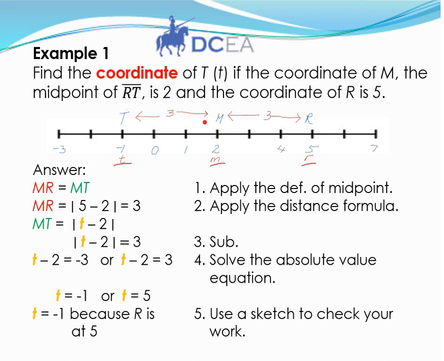If the coordinate of M, the midpoint of RT, there's R right there, there's T, is 2. So we know that M is 2, and the coordinate of R is 5. So now you've taken your given and filled it in on your number line, and you know exactly where all of your properties are.